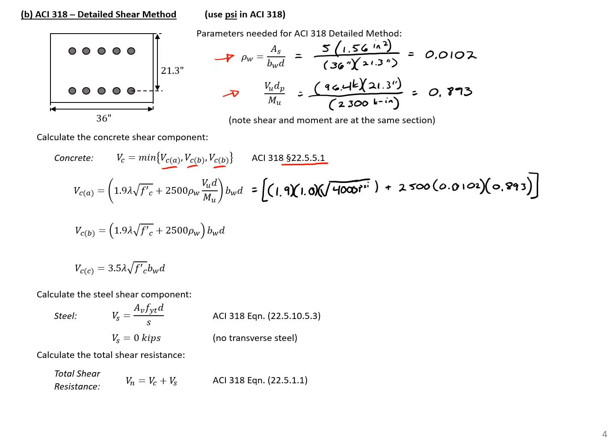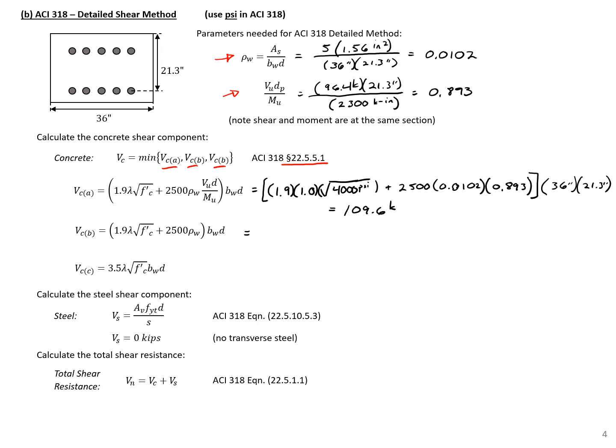And then all this times 36 inches times 21.3 inches will give us a value of 109.6 kips. So dividing by 1,000 pounds per kip to get that into kips there.